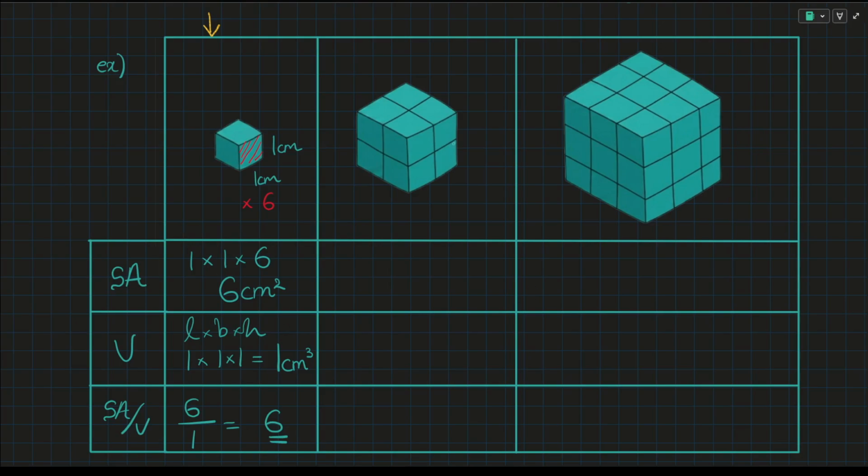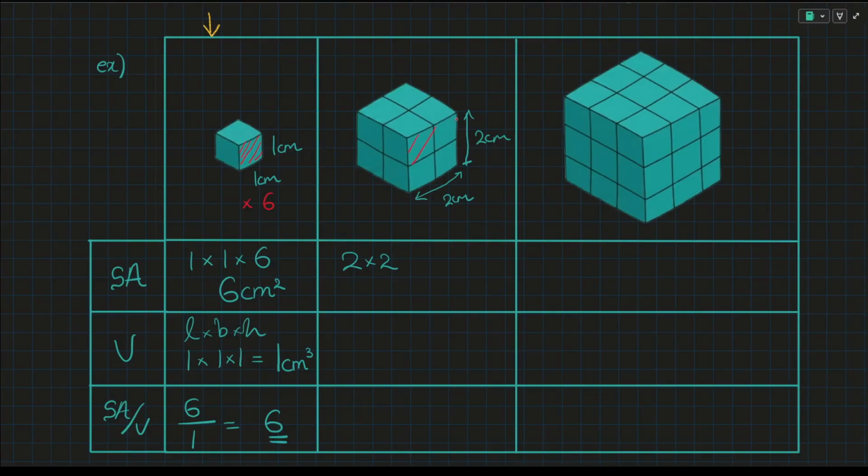Now let's do the exact same thing to the second cube. Now we know that if each of these blocks are 1 centimeter, this cube is going to have a total size of 2 centimeters on either side. 2 centimeters. 2 centimeters. Same deal. You get the size of one face, the area of one face.